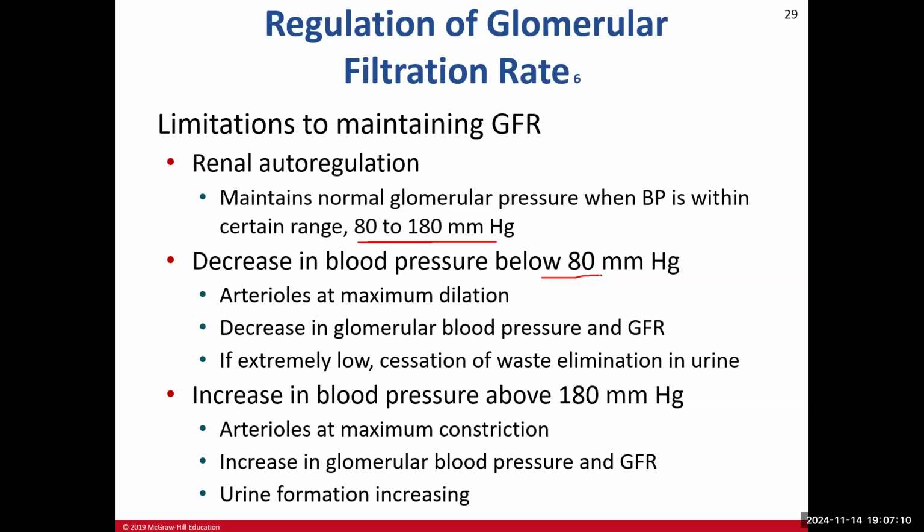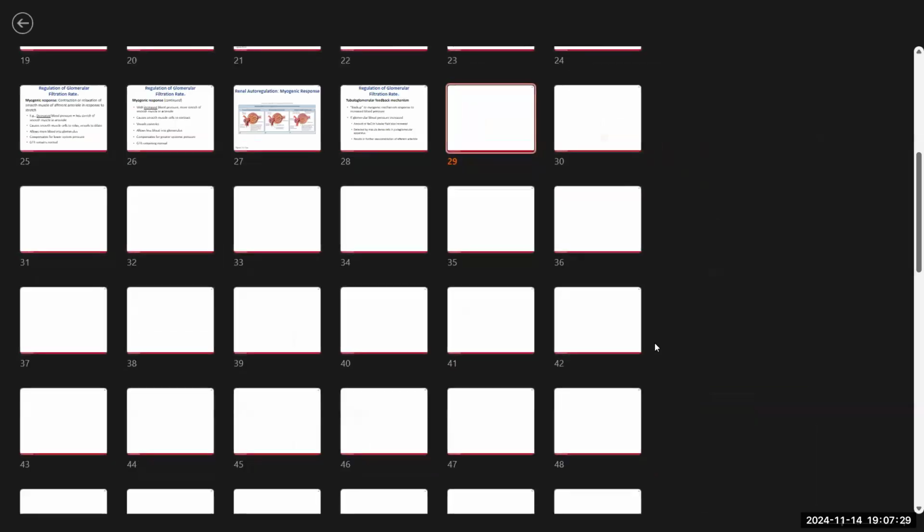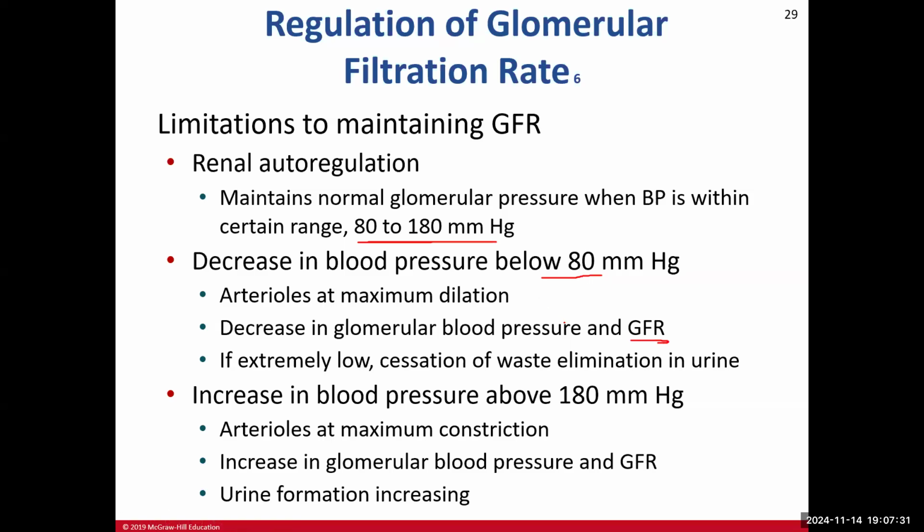So when your blood pressure goes below 80 millimeters of mercury, you're at max dilation for the afferent arterioles, and our blood pressure is still going down. Remember, we want to keep this constant, but now this starts to fall. The glomerular filtration rate starts to fall, and our glomerular blood pressure has fallen.